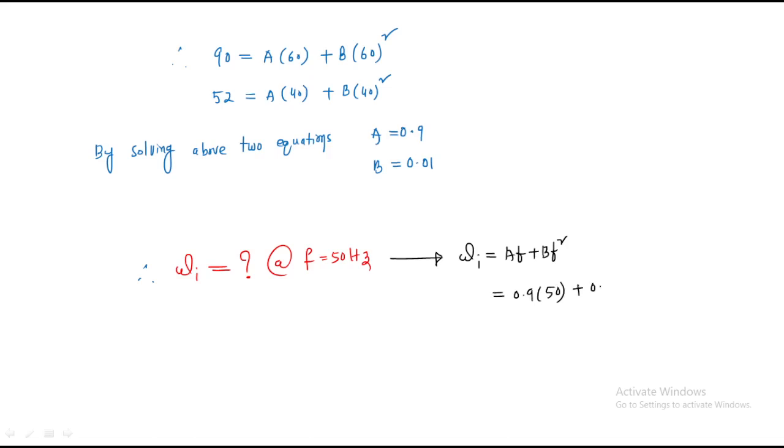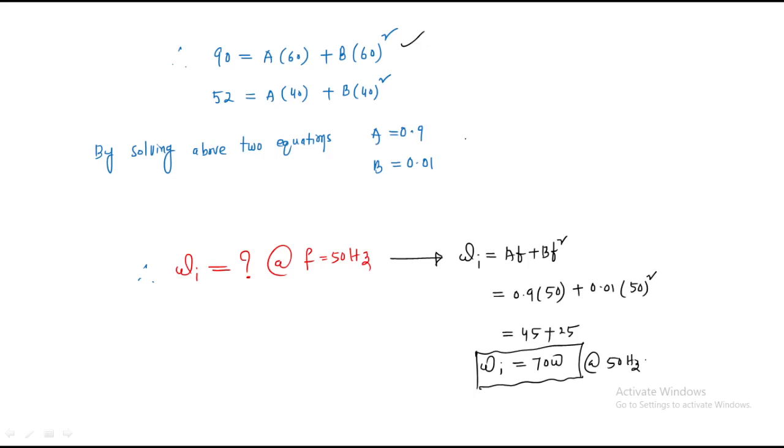What is B? 0.01 into 50 whole square. So from this, this is 45 and this is obtained as 25. So the total iron loss component is 70 watts at 50 hertz. So at 60 hertz we have 90 watts, at 50 hertz we have 70 watts, at 40 hertz we have 52 watts.